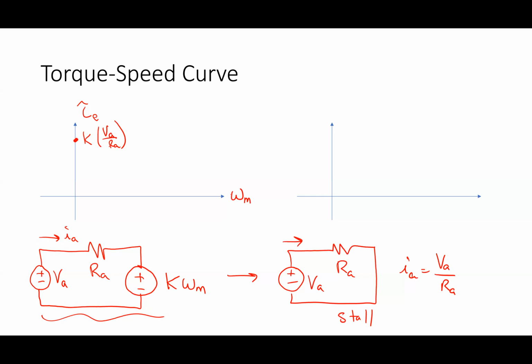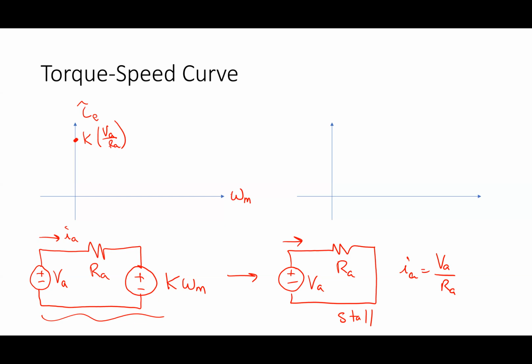Now, what would be the smallest torque I ever produced? Well, the smallest torque I could ever produce would be 0, right? And that would happen if I could get the motor to its absolute maximum speed. What would that maximum speed be?